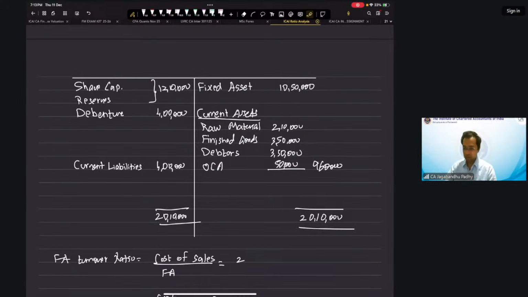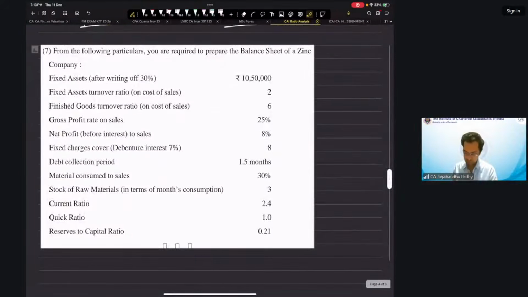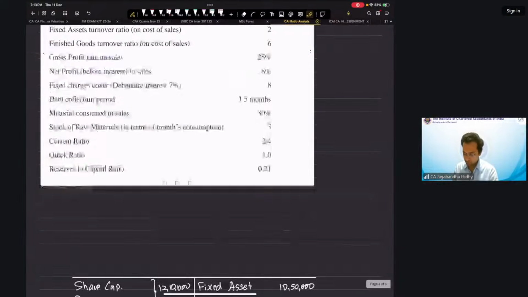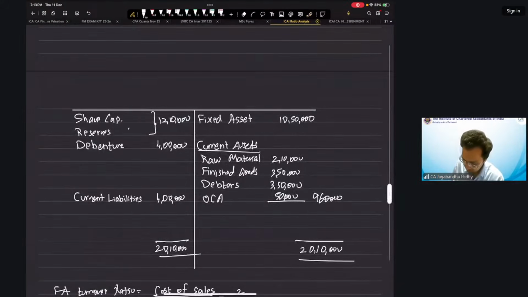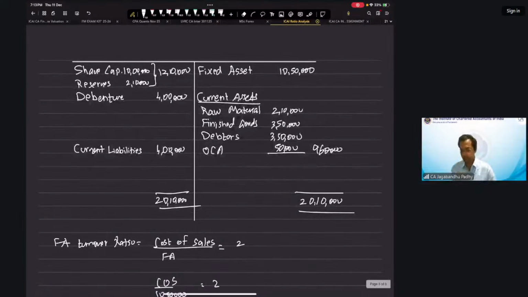Now, if it is 12,10,000, quite obvious the reserves to capital is 0.21, so reserves is 2,10,000 and share capital is 10 lakh. So this is the balance sheet that we are able to form out of it.